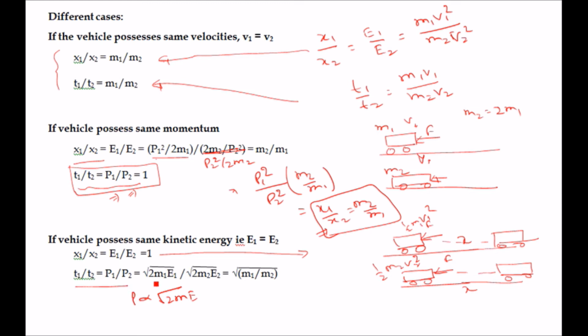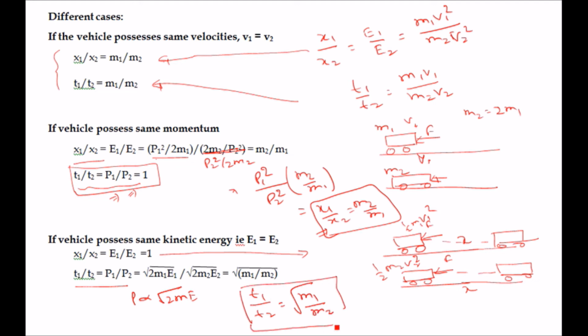It is equal to square root of 2M1E1 divided by square root of 2M2E2, and as the energy is equal, E1 and E2 get cancelled out, and we get P1 by P2 is equal to square root of M1 by M2. So we get T1 by T2 is equal to square root of M1 by M2.